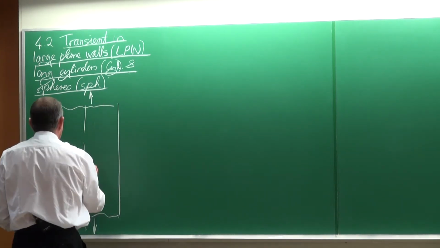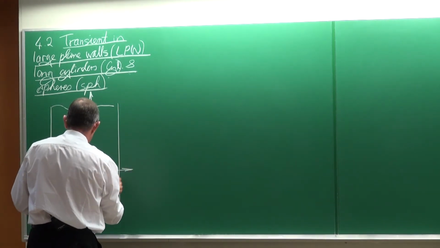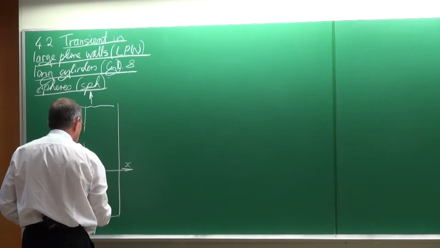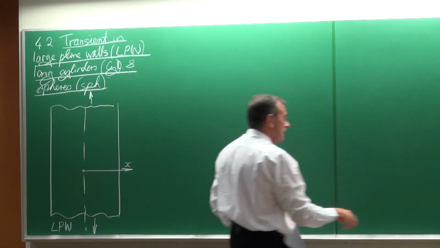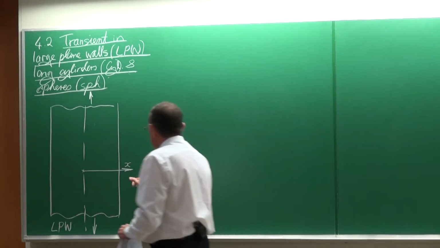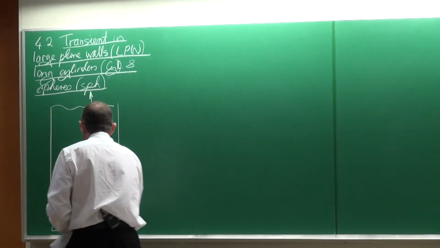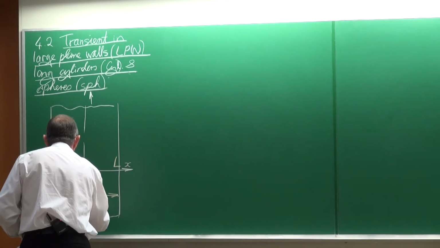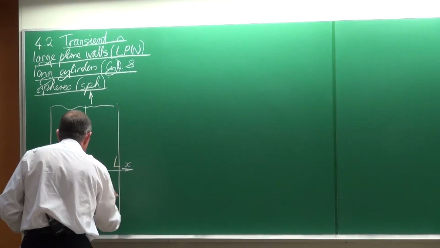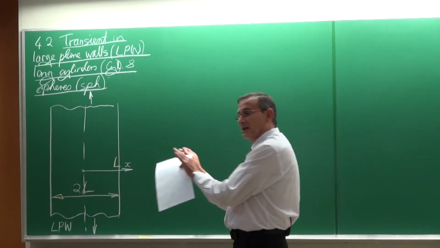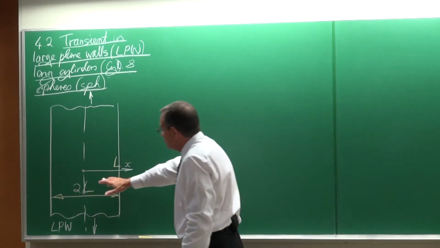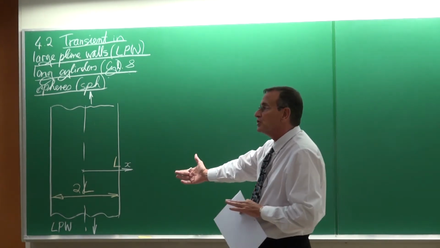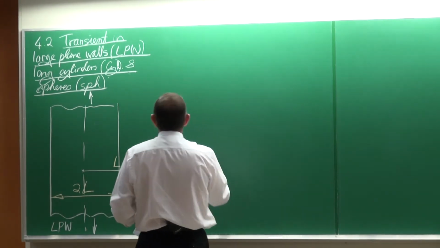And in terms of the coordinate system x, take note, and that is very important, the dimension here is equal to L, and that distance there is equal to 2L. This is just going to be used in the analytical solution, and it makes the analytical solution easier to solve.